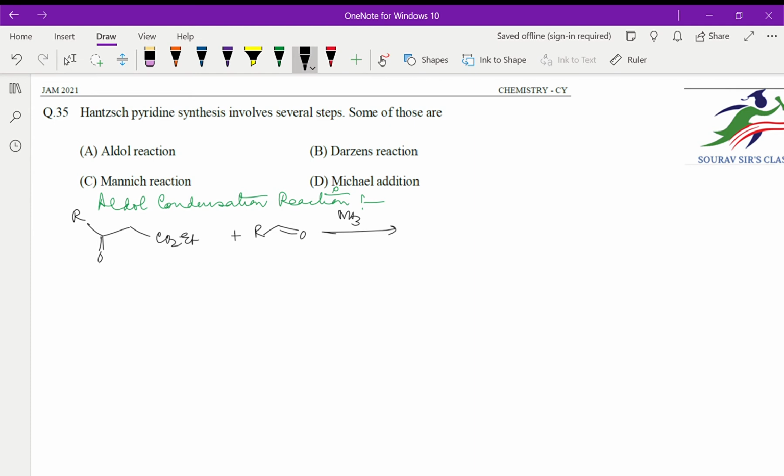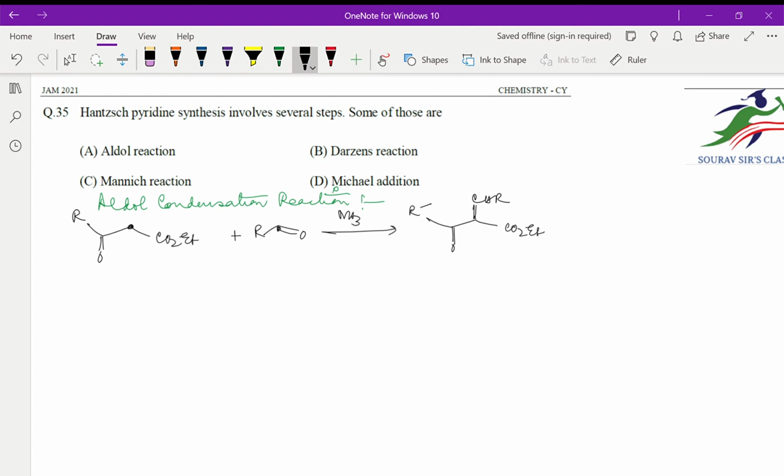So obviously this is the alpha CH group that will condense with this carbon, removing water. Neglecting the stereochemistry of the product formed, we will say this is what is formed over here.